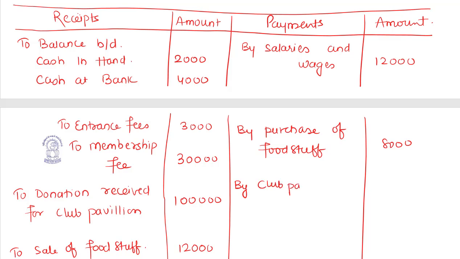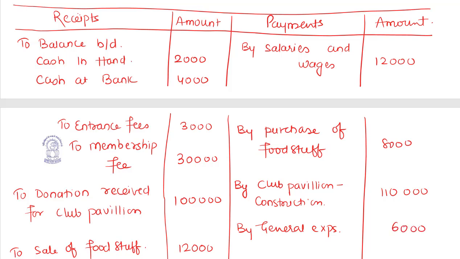By club pavilion construction 1,10,000. By general expenses 6,000.